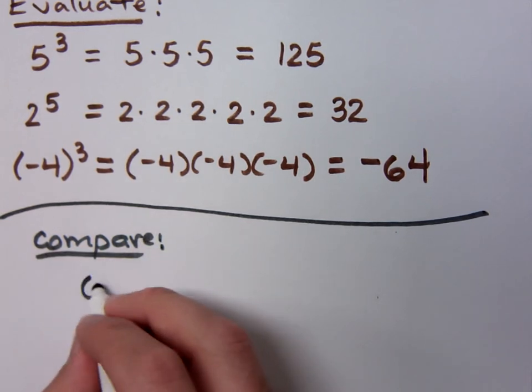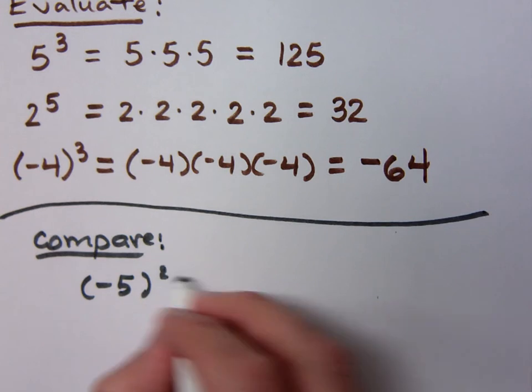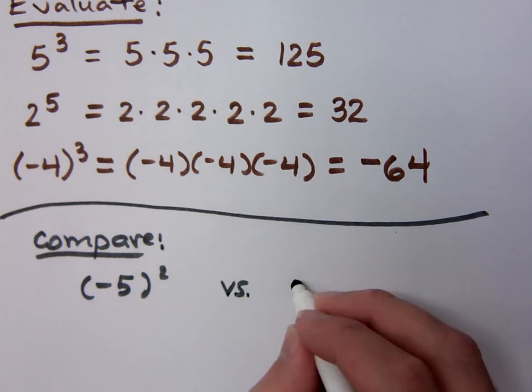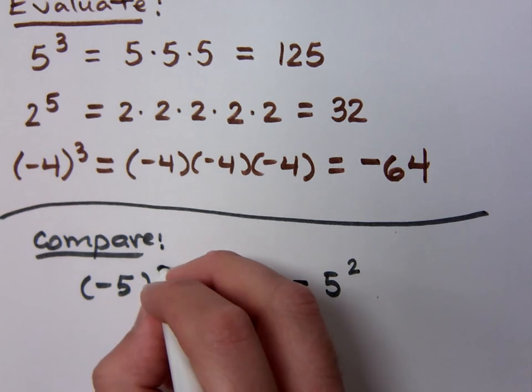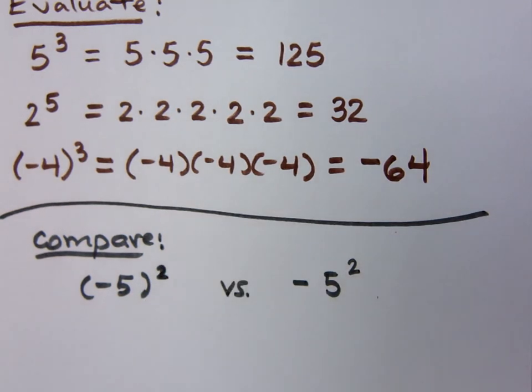Are these two expressions the same? Negative 5 squared versus negative 5 squared. They're the same? You think? I mean, there are no parentheses around it, unless there was something else inside the parentheses.